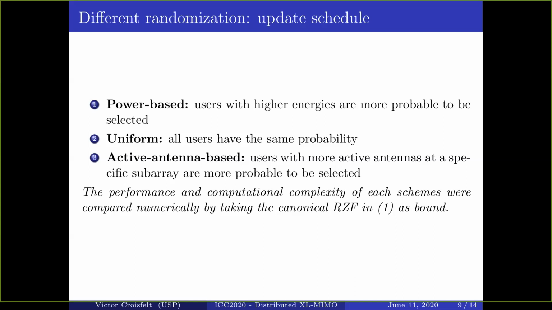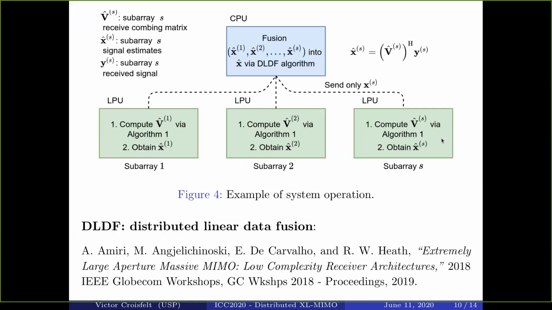Note that these probabilities are related to the equation selection when solving the SLE that resembles the RZF scheme for each user. I'm not entering into much detail here, but this is the basic idea behind the algorithm.